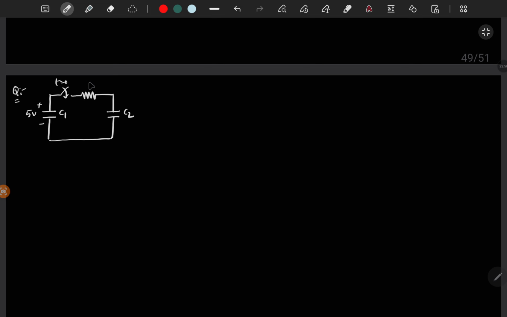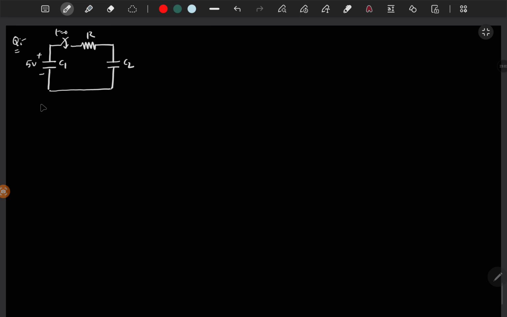So this is C2 and R. Now the same concept: find the time constant for t greater than 0. These two capacitors are in series, and in series with a resistor. So you will get R times C1 C2 by C1 plus C2. So this is finite.